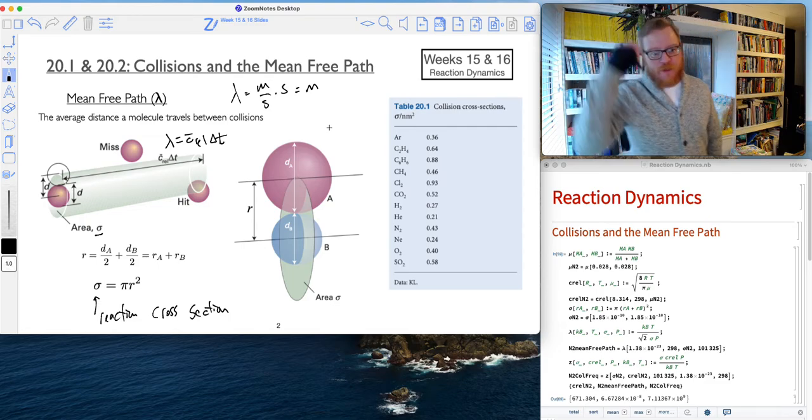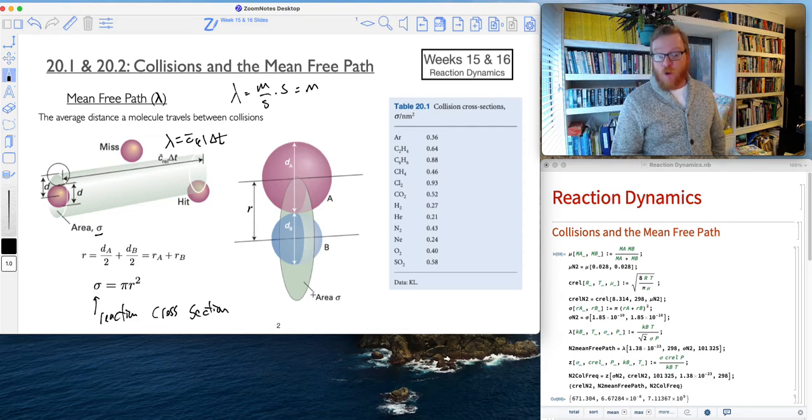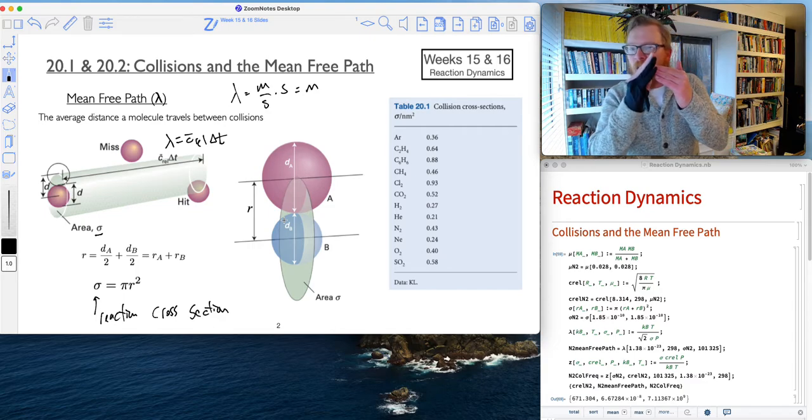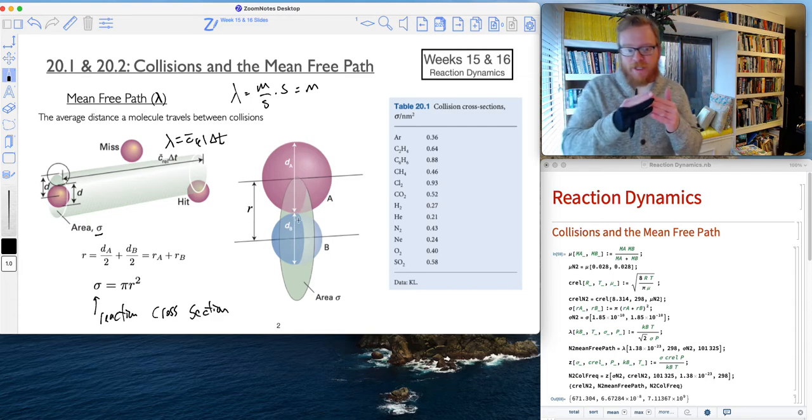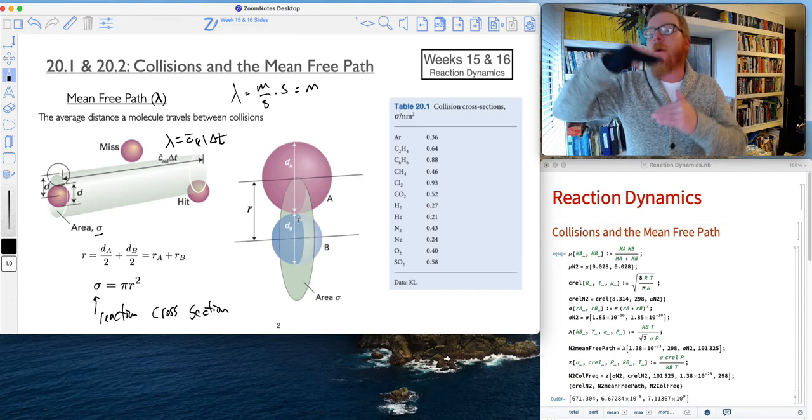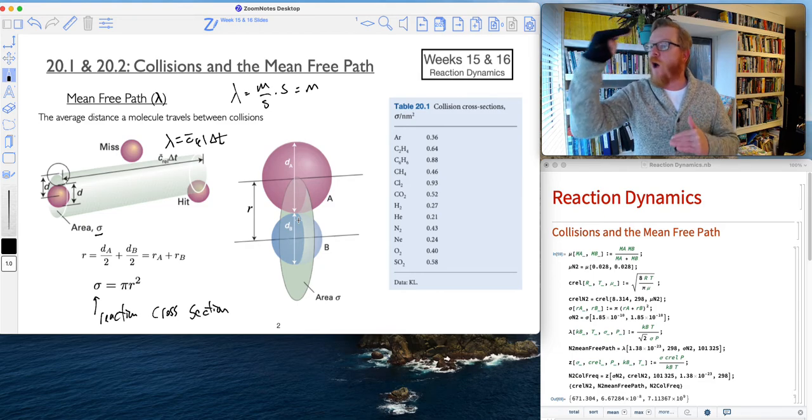Now if we zoom in a little bit on what this reactive cross-section looks like, in this picture B has been put in the very center of the cross-section. This represents the minimum orientation where A would just barely graze by B, but that gives you the maximum cross-section.